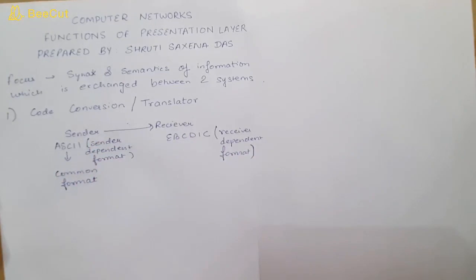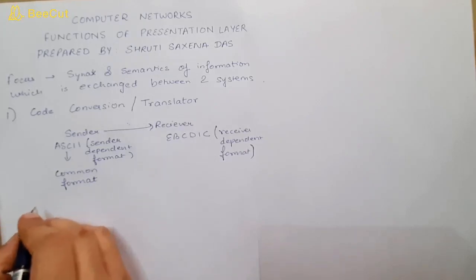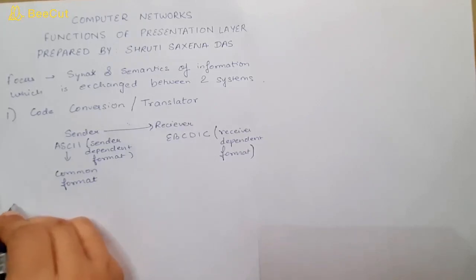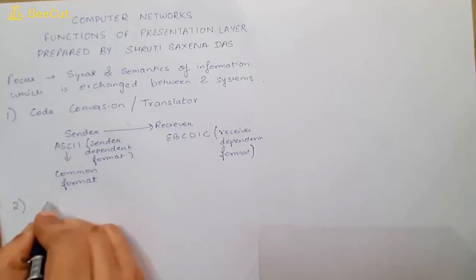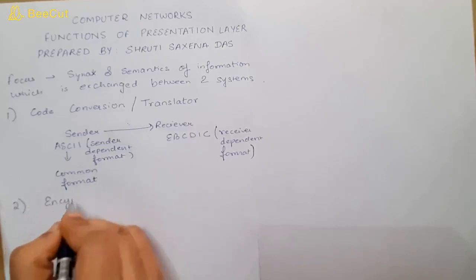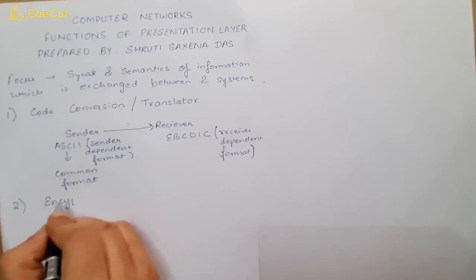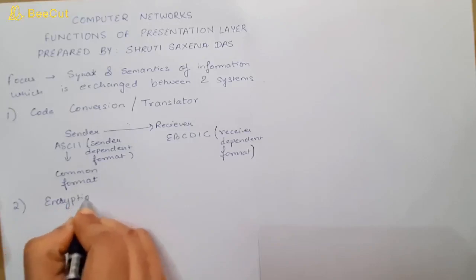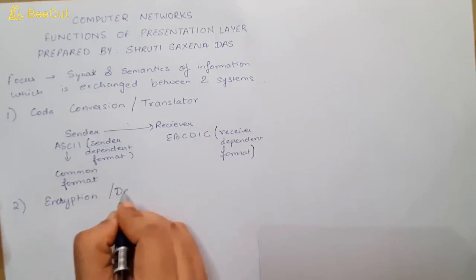Okay, so that was the first function of this layer, which is known as translation or code conversion. Fine. Now the second function of presentation layer is encryption or decryption.